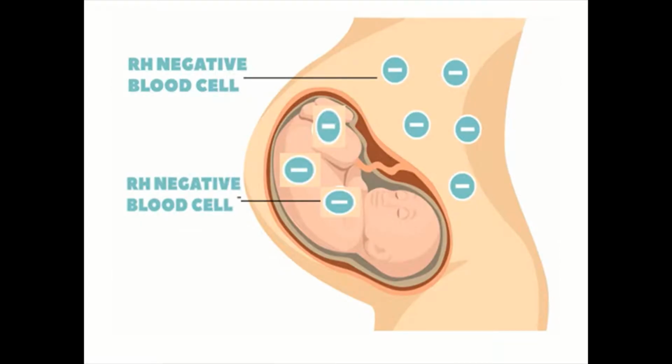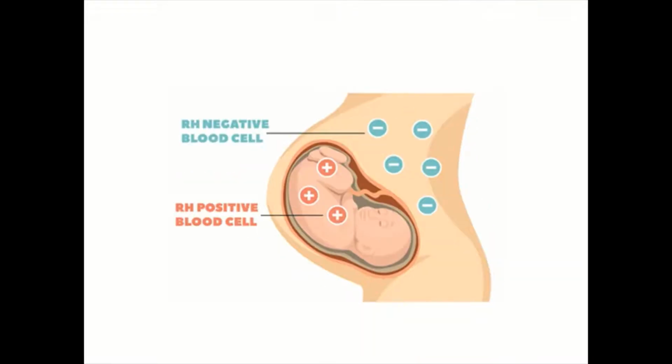As a general rule, if the mother is Rh negative and the fetus is also Rh negative, because both have no D antigen, there will not be Rh incompatibility. If the mother is Rh negative and conceives an Rh positive fetus, the fetus has D antigen but the mother has no D antigen.